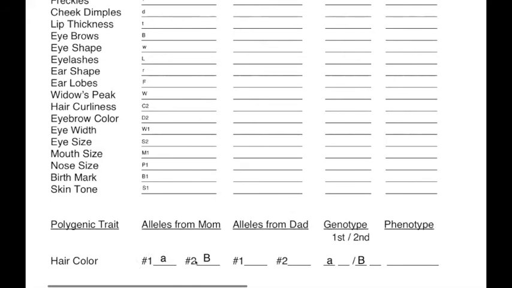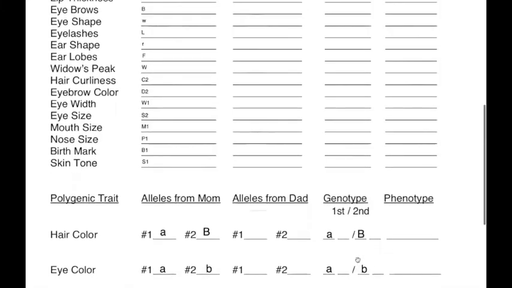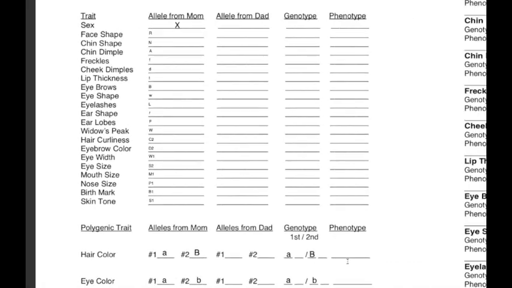She flipped the coin again and got a different letter. And then dad will do that for A and B. And then we're going to put them together for the genotype. The firsts, so mom's number 1 and dad's number 1, are going to end up together here. And then mom's number 2, dad's number 2 ends up here. And that's your genotype.